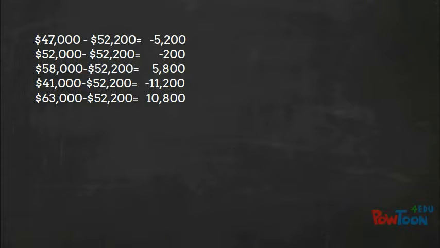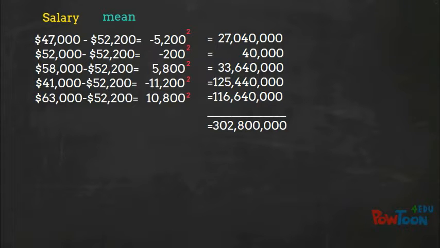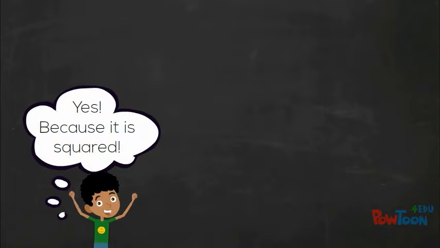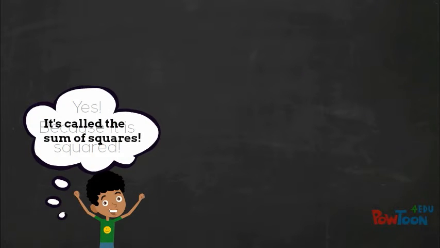To calculate, we take each of your peers' salaries, subtract the mean, and we get a difference from the mean. If we were to just add this together, it would equal 0. So we square the terms, add those together, and we get a really large, giant number. Yes, that really is a ridiculously large number. That's because it's squared.